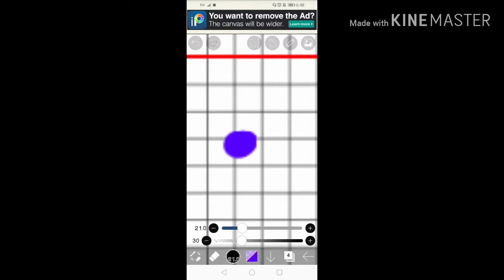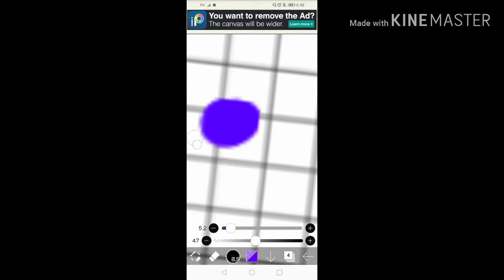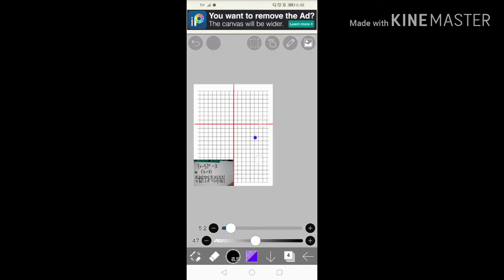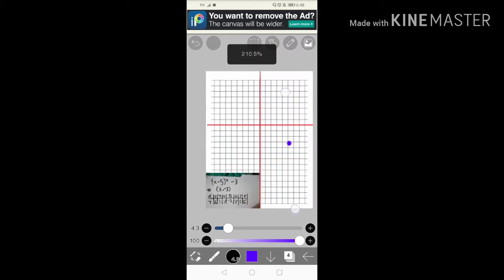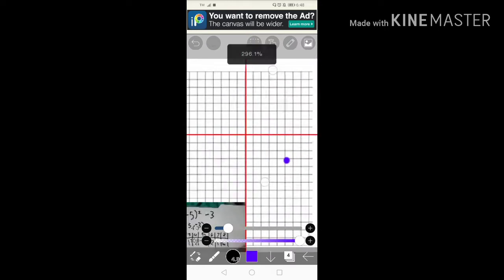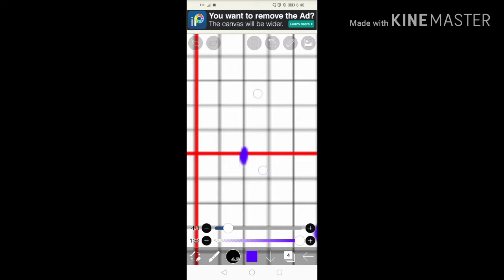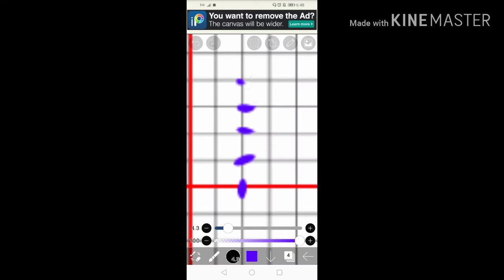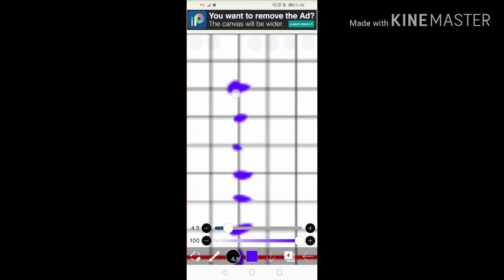I'm going to resize this one though. I think it's a little too big. Alright, so next one. 2, 6. That means if we go here, 2, 1, 2, 3, 4, 5, 6. It's going to be right here.